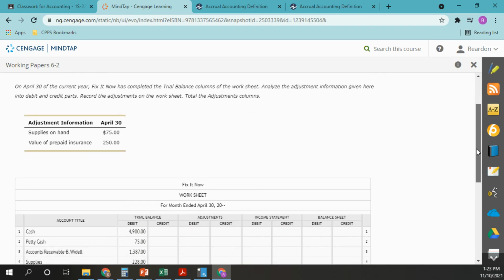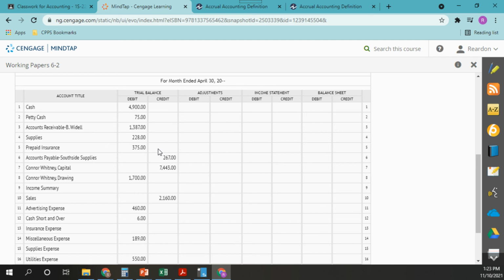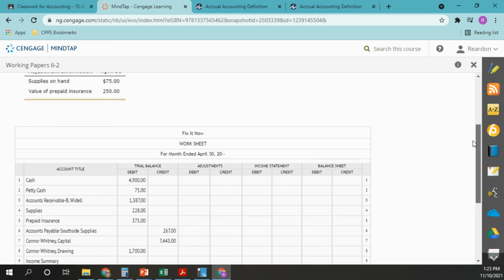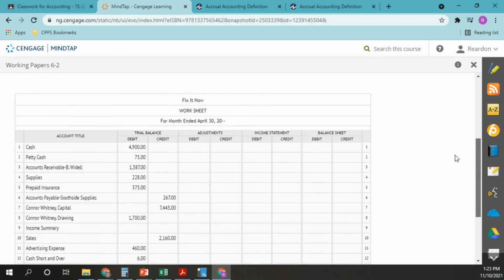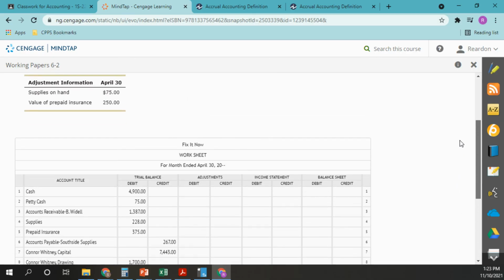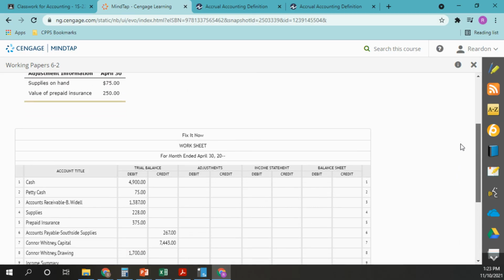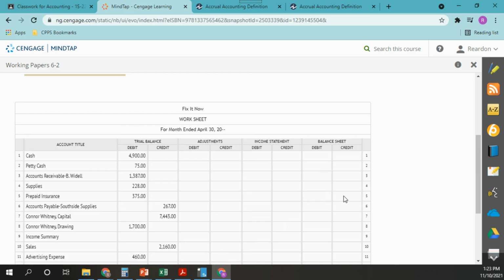All right. Here is my trial balance for fix it now. They want us to make some adjusting entries, and they say we have supplies on hand of 75. Well, this shows that I have supplies of 228. Is my ledger incorrect?